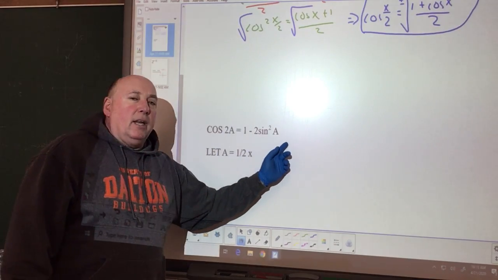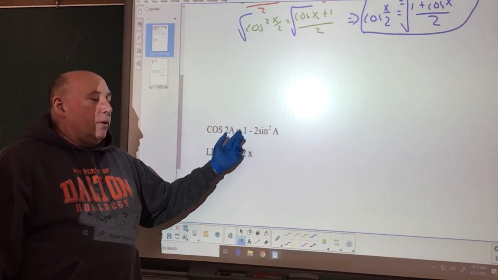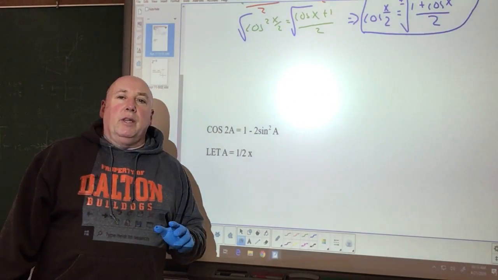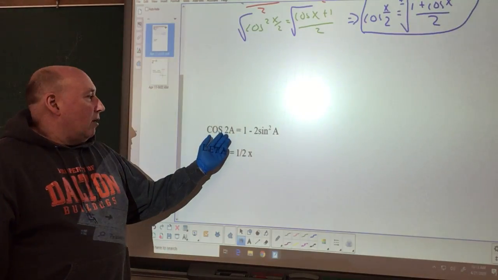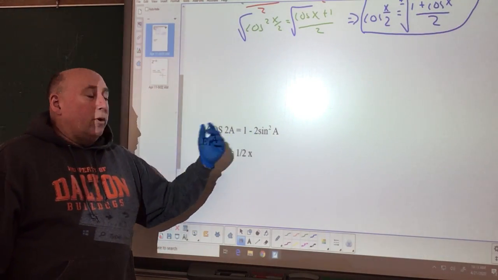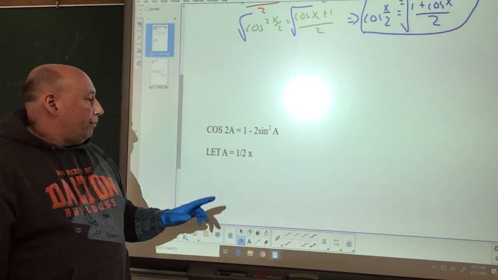If we take a look at another one of our trig identities that we did yesterday, the double angle for cosine 2a was also equal to 1 minus 2 sine squared of a.